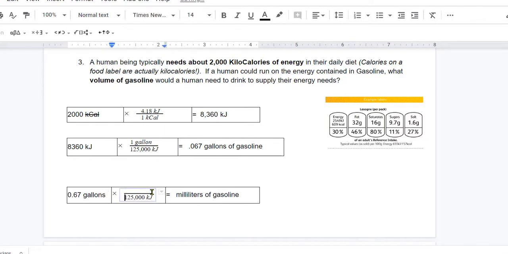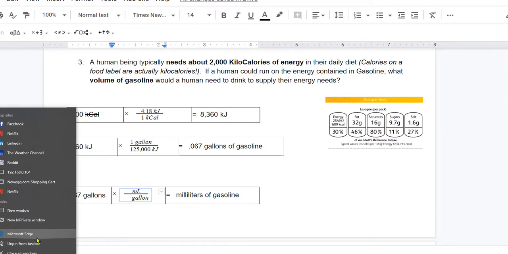Right arrow allows me to navigate easily. I already know the labels because it's dimensional analysis. Gallons will be on the bottom and milliliters will be on the top. All I need is to know the conversion factor between these two. Google will tell me.